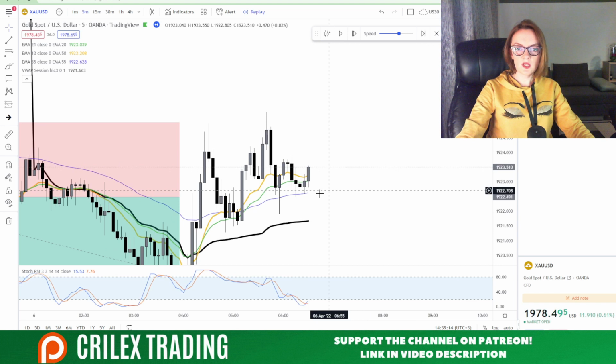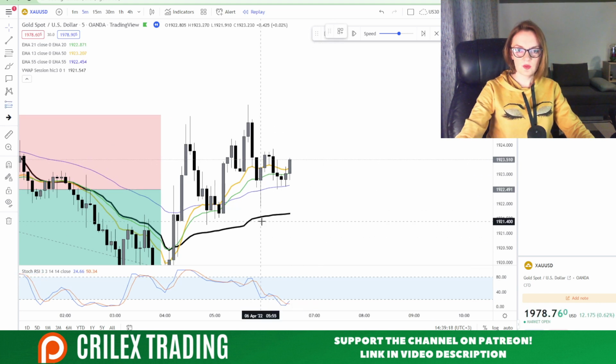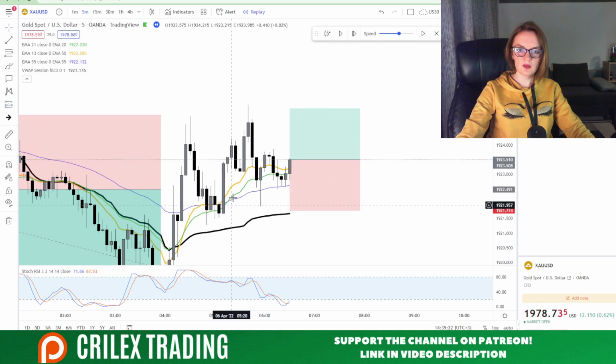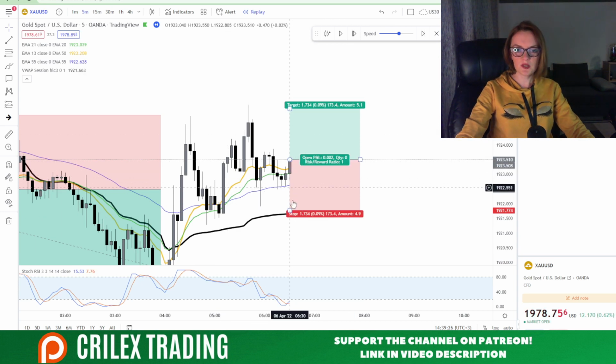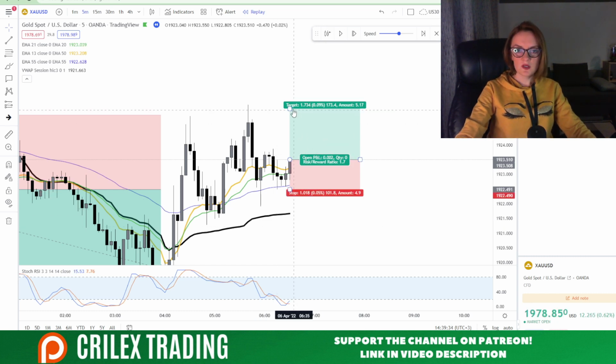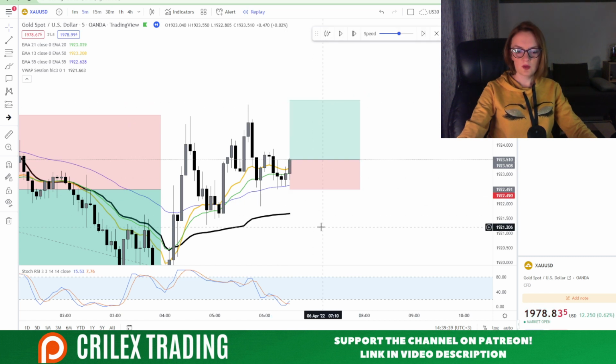So after this candle here, we are going to take a buy position. Alright, this is our buy position, and this time, due to the fact that all the EMAs are almost in the same place, we are going to set the stop loss below the 55 EMA. So you have to just follow the trend, and this is how we are setting our stop losses.